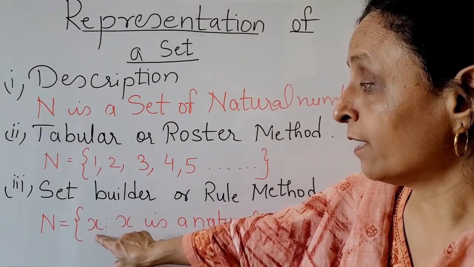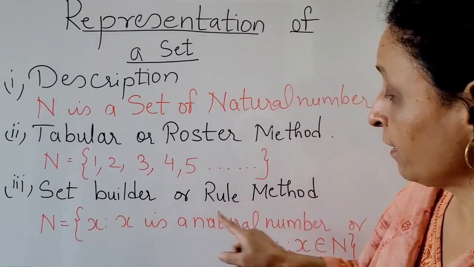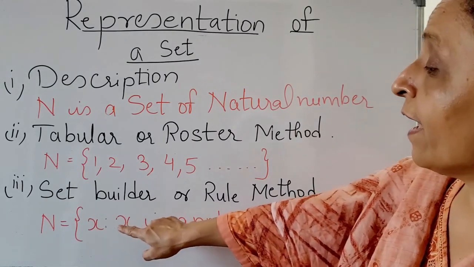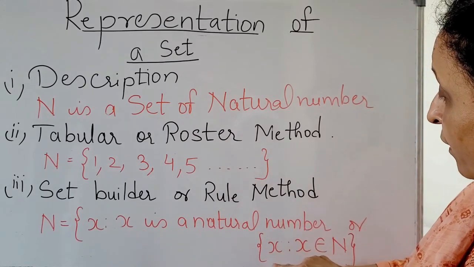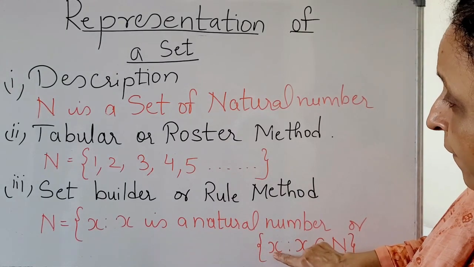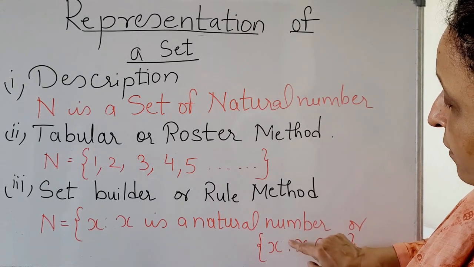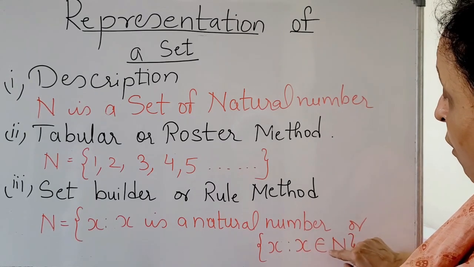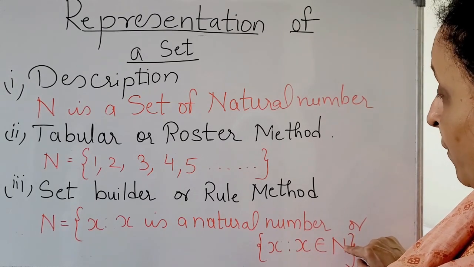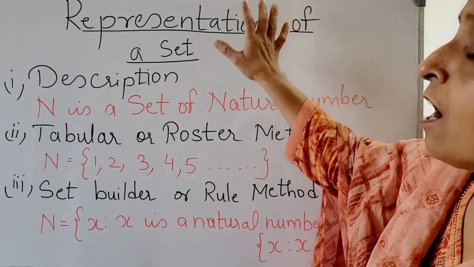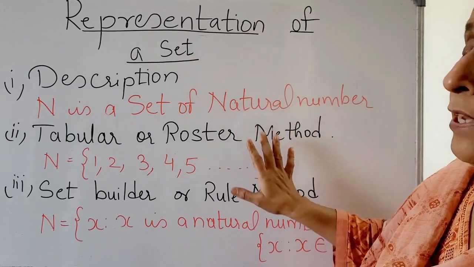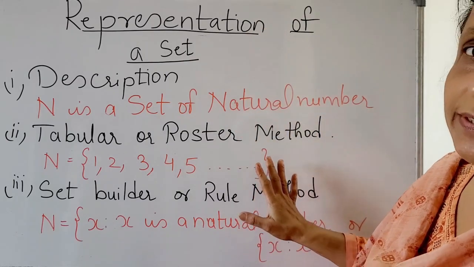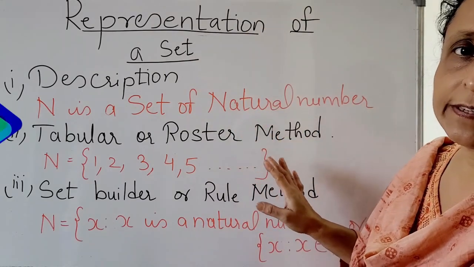N is, inside the curly bracket you write x is such that x is a natural number, or you put a curly bracket and write like this, x, 2 dots, such that x belongs to natural numbers. So this is how a set is represented in these 3 methods. It's very simple. Hope you have followed this.